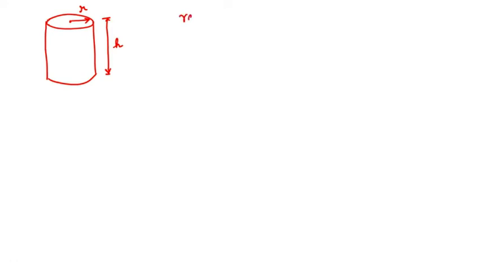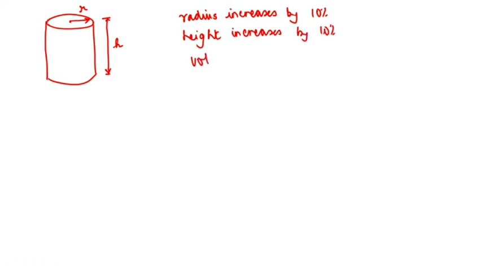Now I say radius increases by 10% and height increases by 10%, and I ask you, volume changes by what? All of you drop your pens and have a look at it.